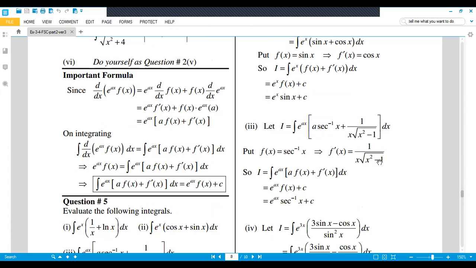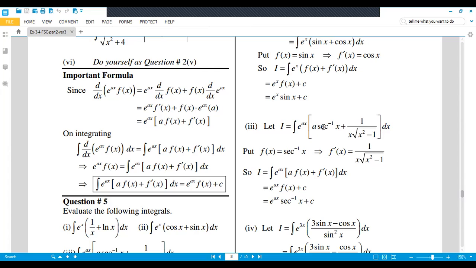Now here in this part, you know that the power of e power ax has derivative a, which is present here, and the function is secant inverse x, and its derivative is 1 over x under root x square minus 1, which is also present, so the integral will be equal to e power ax f of x plus c. How?